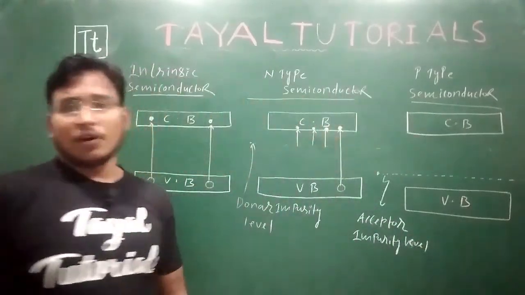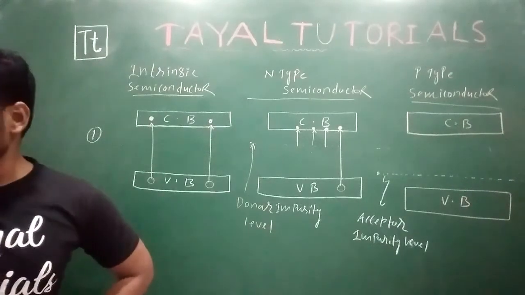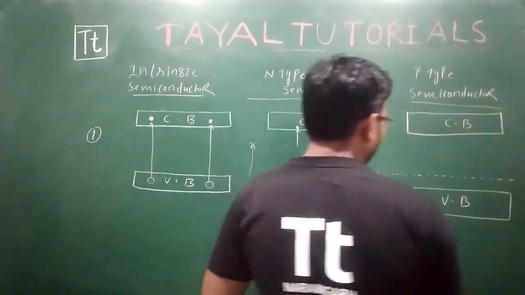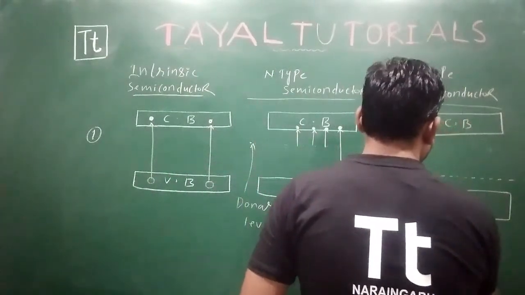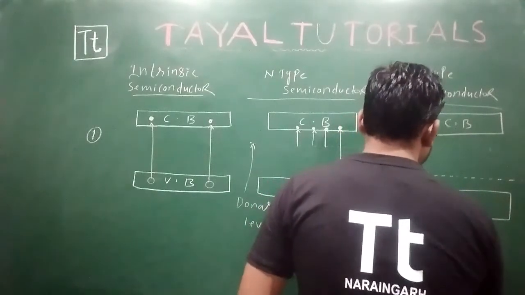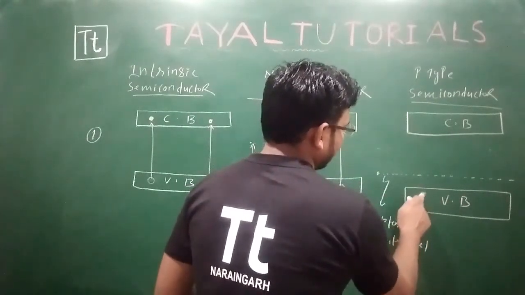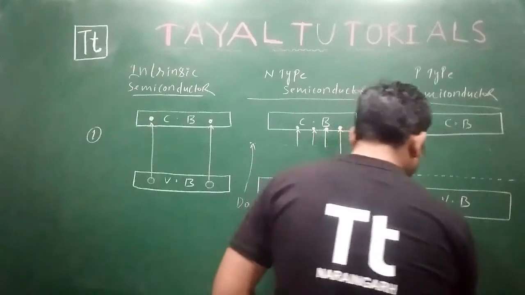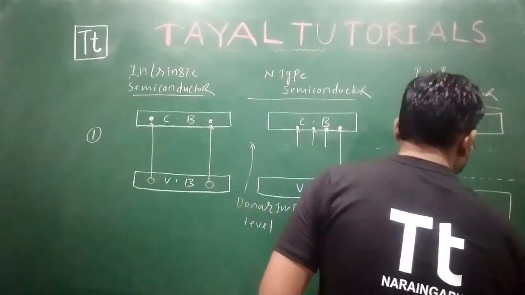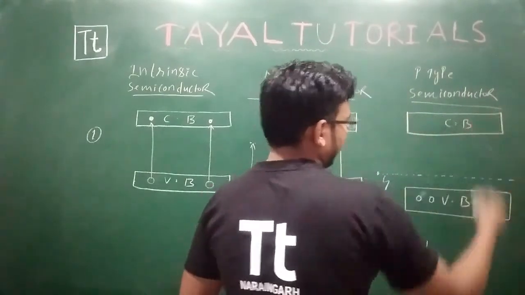So let's see what are the possibilities of an electron going. First, from the valence band, an electron may go from here to this acceptor level. Initially this is an electron, when it goes here it will create a vacancy, that is a hole. There is a hole, there is also a hole, and that may also go from the valence band to the conduction band.